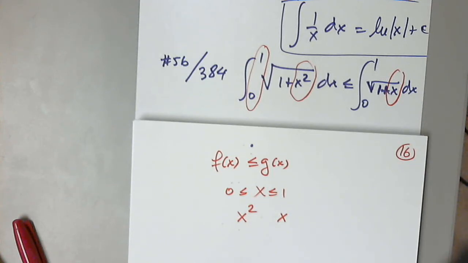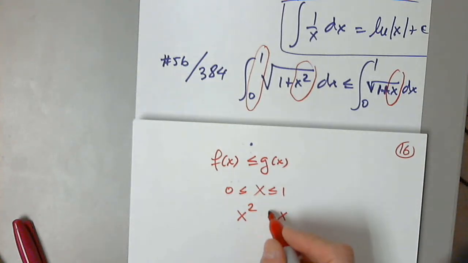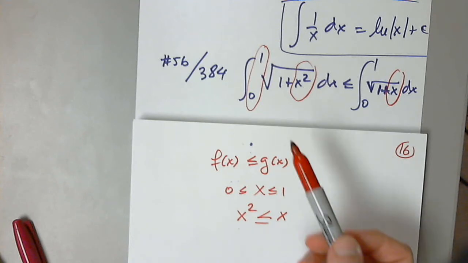So let's just pick 1/4. If this is 1/4, this is 1/16, so 1/16 would be smaller than 1/4. If this is 1/3, then this is 1/9, and 1/9 is smaller than 1/3. So I'm confident that I can put this inequality symbol between the two for x between 0 and 1. Agreed? Okay. So this is fine, but I'm not there yet.